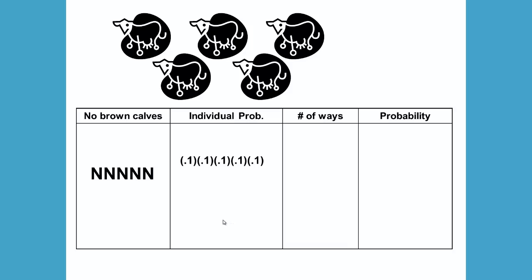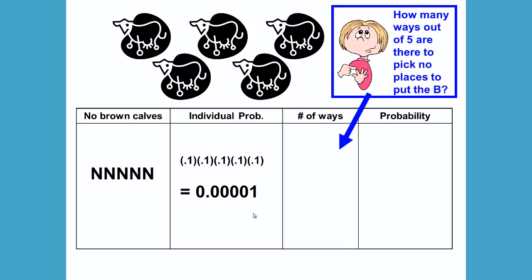And if I multiply that together, I will get 0.00001. How many ways have I done this? How many options do I have? Well, I have one option of having no brown calves. We want to figure out a way to do this as we expand our problems into different types.